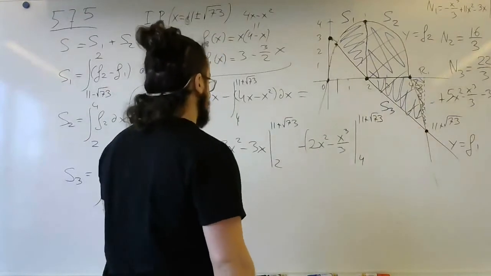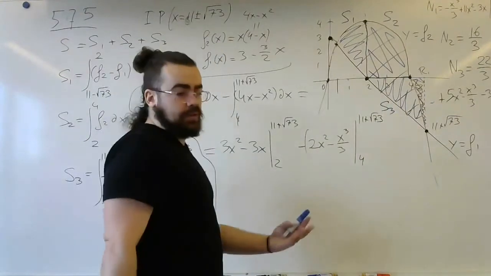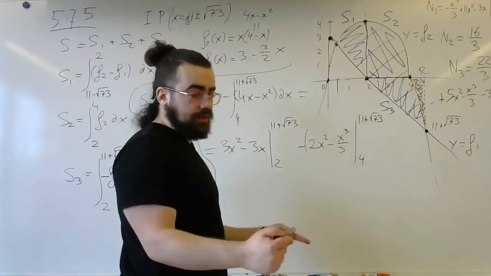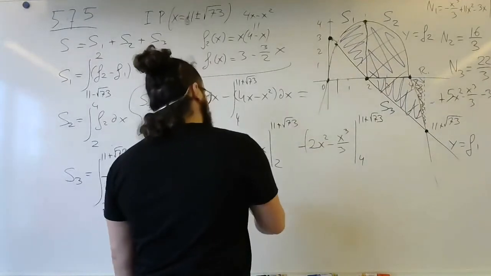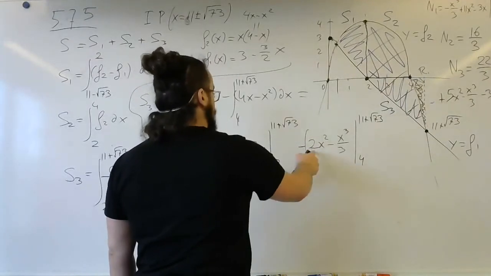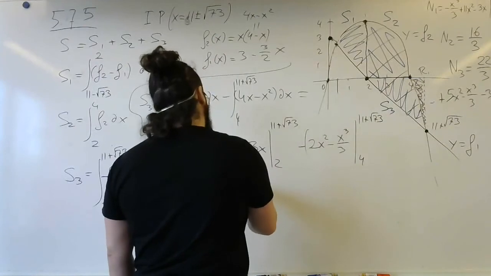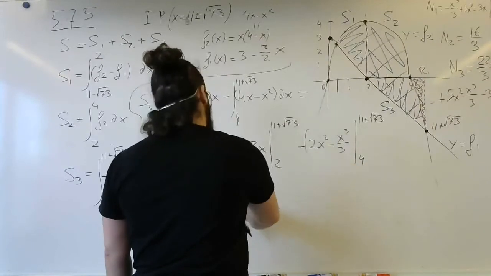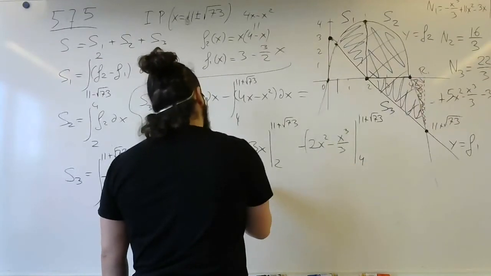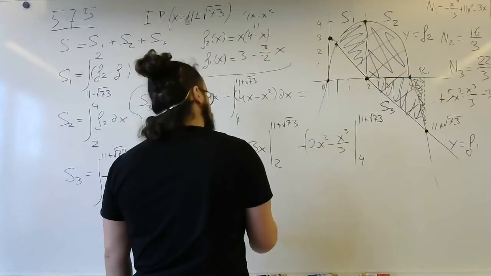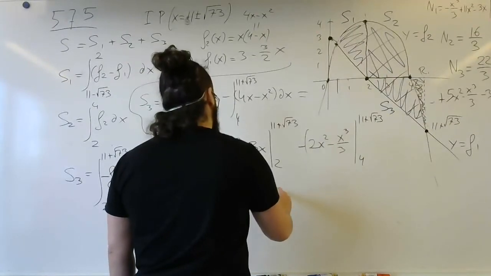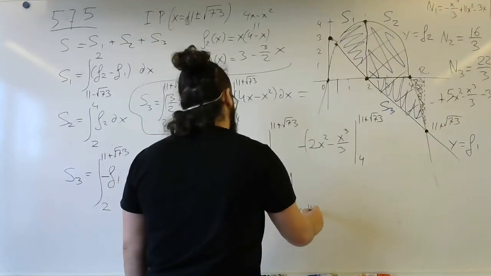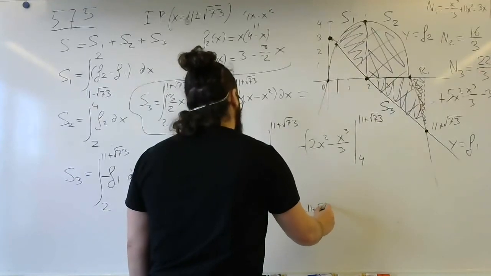So now when we evaluate these things, we have 4 terms. 2 of them depend on this ugly thing here, and the other 2 depend on numbers. So I'm going to do the same. I'm going to group them. And we have 3x squared minus x squared. So x squared. This x cubed has 2 minus, so it becomes a plus. We have x cubed over 3 plus x squared and minus 3x. This is evaluated in x equal this thing right here.